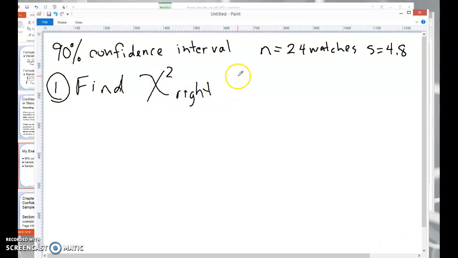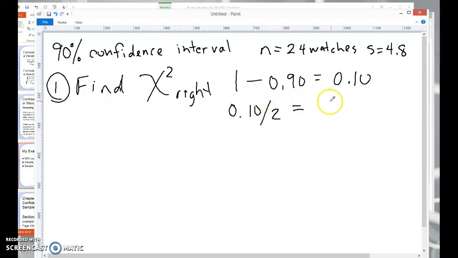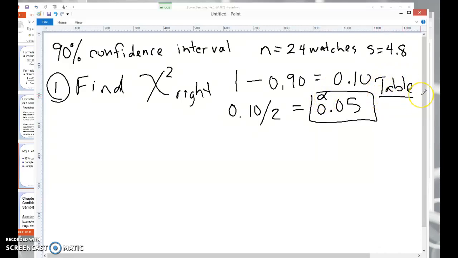We take 1 minus your confidence level to give you 0.10. Then you take that and divide by 2. That's 0.05. This is our alpha, and this is the value I'm going to look for in the table. So go to our table.